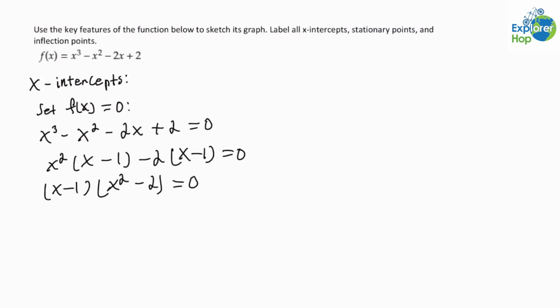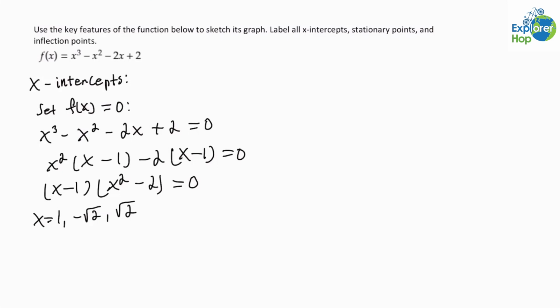And this means that x is equal to 1, negative root 2, or positive root 2. And this gives us the roots, or x-intercepts, of this polynomial.